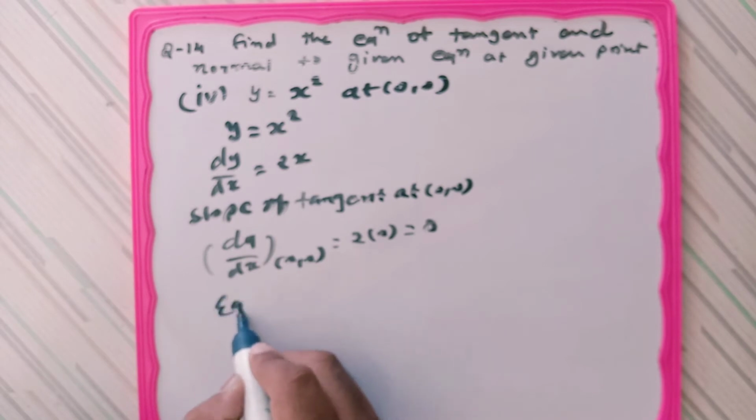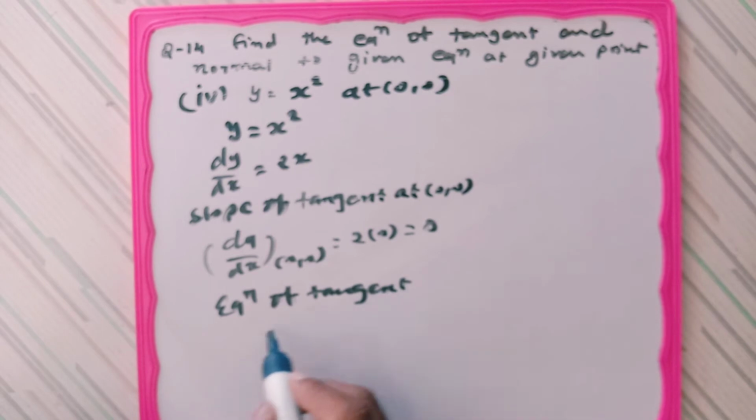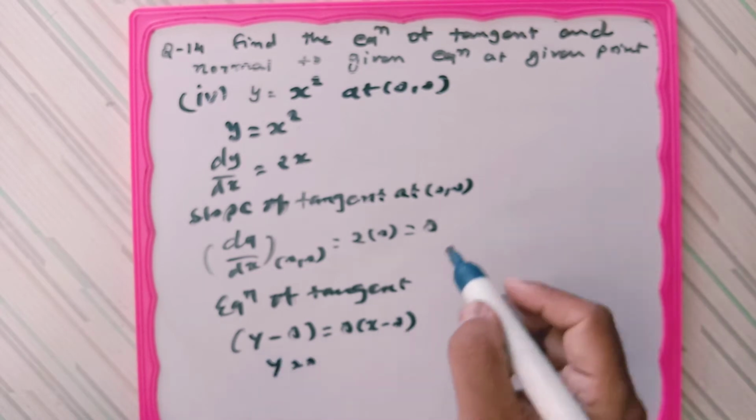We have the equation of tangent y minus 0 equals 0 into x minus 0, so y equals 0.